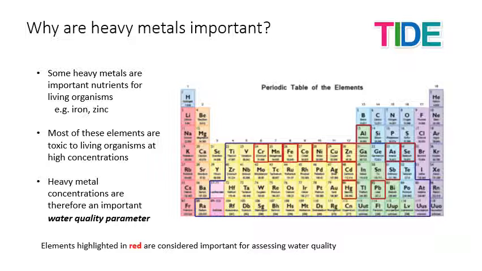However, exposure to high amounts of all of these elements, and in particular these elements in certain chemical forms, result in toxic effects for life. And so both the nutrient and toxic roles played by these different metals, in particular those I've highlighted in red, make them a key water quality parameter to be measured routinely in environmental studies.